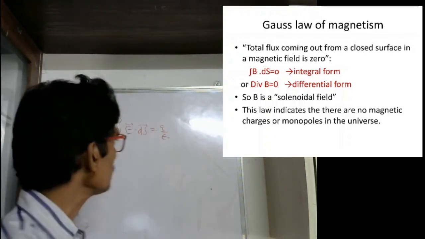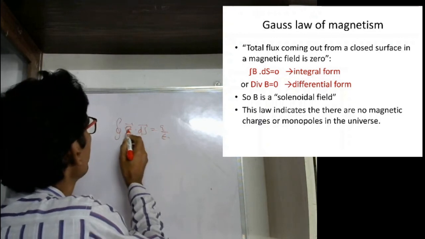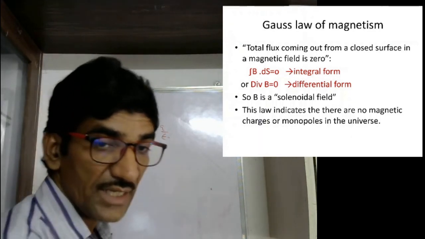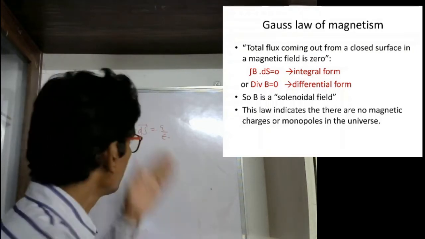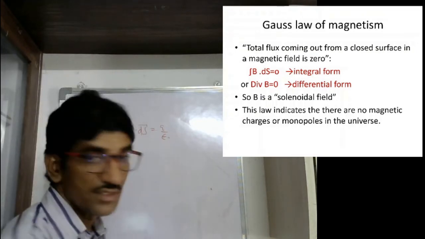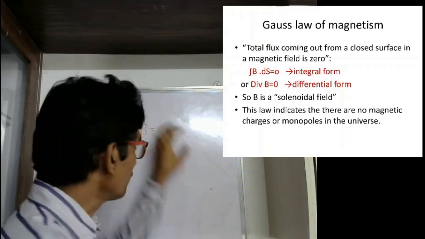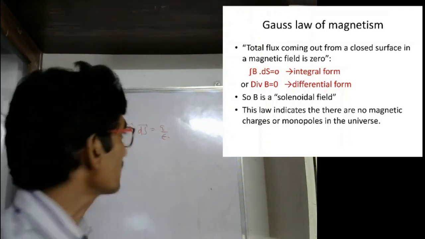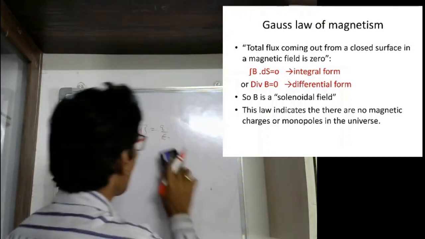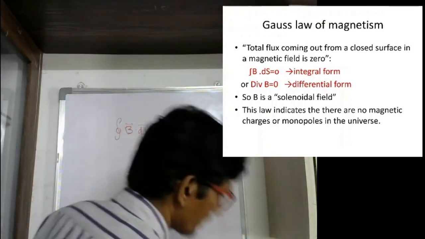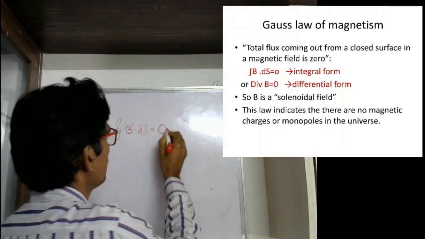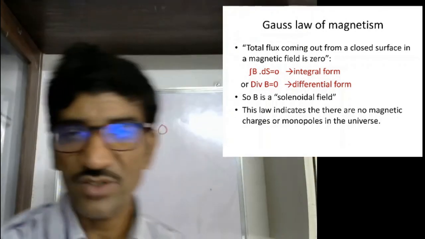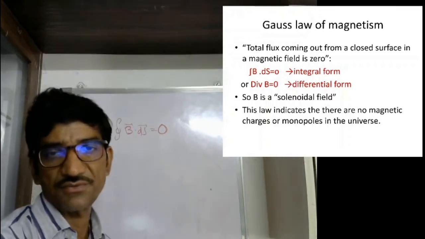We replace this E with B. If you really had magnetic charges, then that would be some charge q by epsilon naught. But here you always have 0 on this side. That is the nature of the magnetic field.